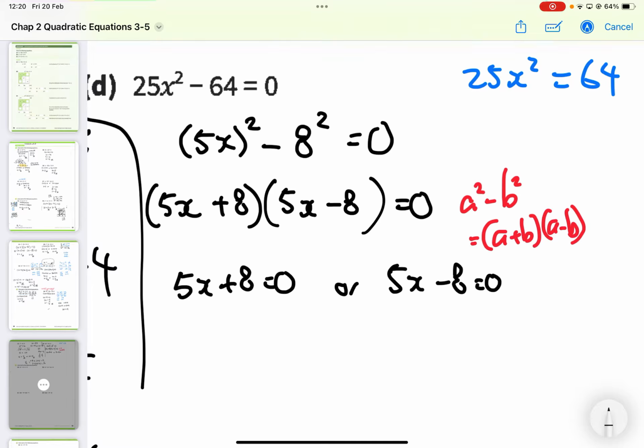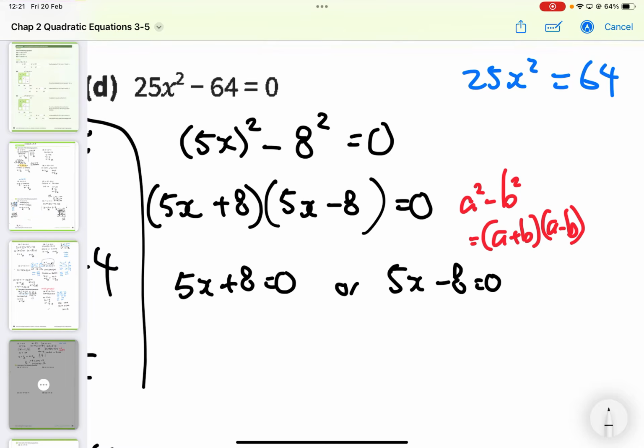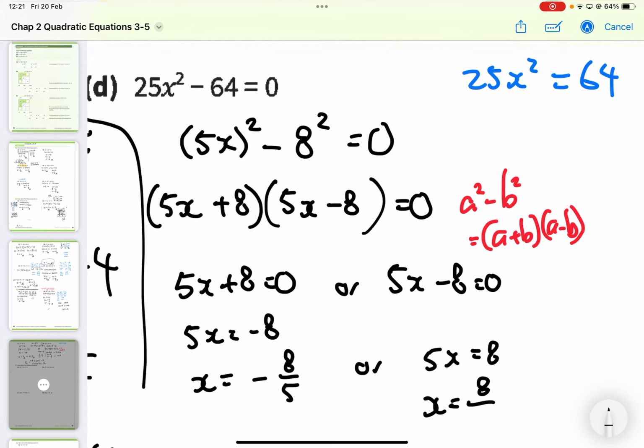This one you all should be very familiar by now. Bracket times bracket equals 0, so this bracket equals to 0, or this bracket equals to 0. Then from there, make x the subject. Negative 8 over 5, or positive 8 over 5. Two answers.